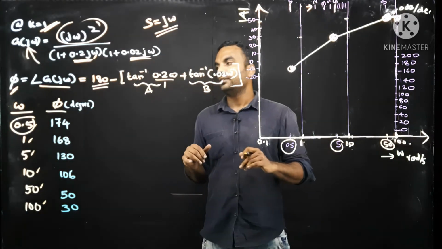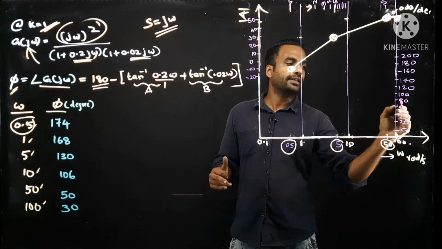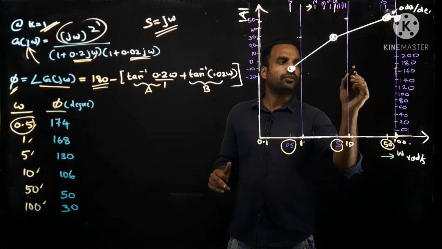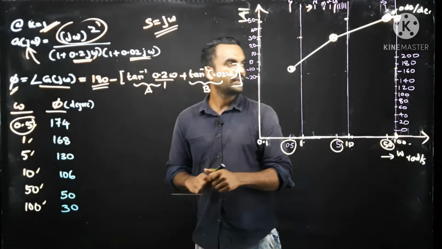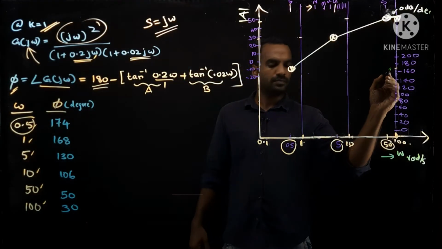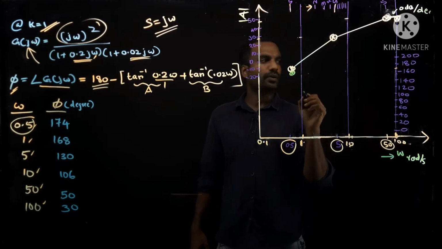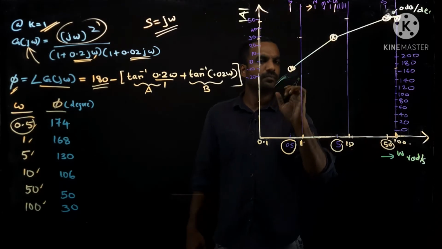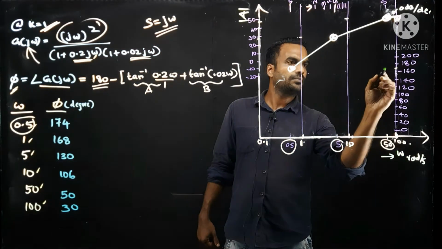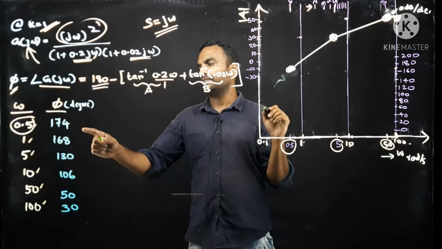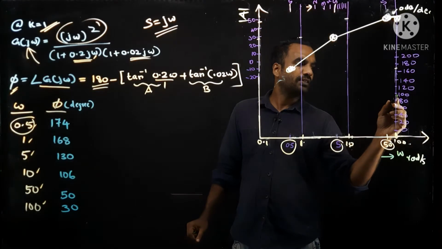Okay. So for 0.5 it is 174 degree. For 1 it is 168 degree.